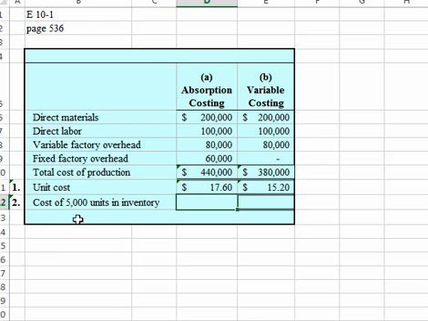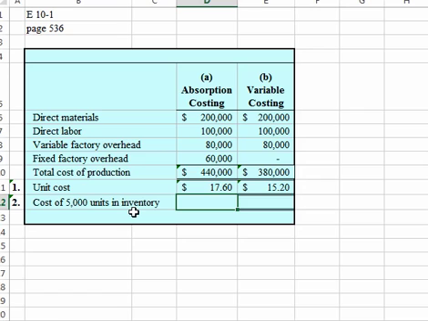So we'll say cost of the 5,000 units in inventory. You might wonder how I got that. Well, units produced were 25,000. Units sold only 20,000. They tell us there were no beginning and ending work in process, and no beginning inventories.